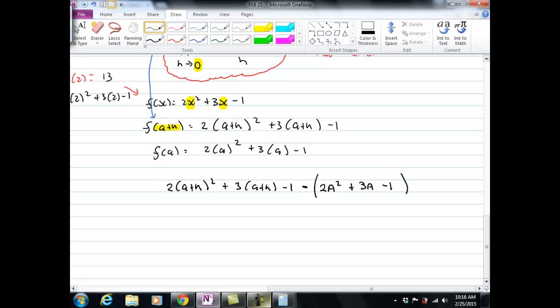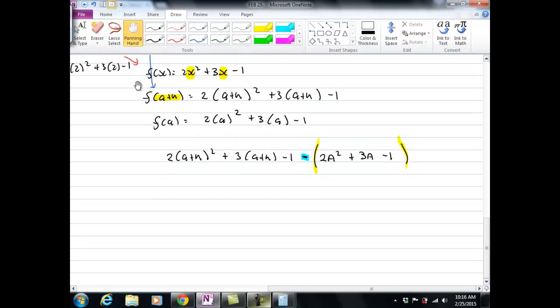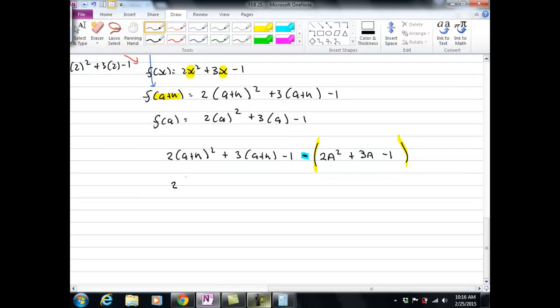See, I didn't change any sign yet. I want you to highlight this bracket right here. Because there's a negative sign here. Change all the signs in there for me, please, because of that negative. So this becomes 2 times a plus h squared plus 3 times a plus h minus 1 minus 2a squared minus 3a plus 1.